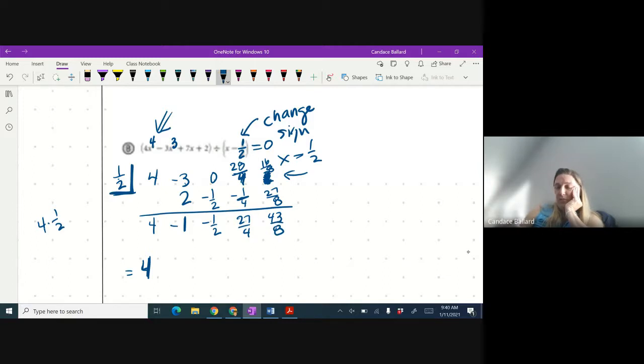Okay, so we should be going down by 1, right? 4x cubed. Okay, and then we're going to go minus x squared, right? 1x squared would be fine. Minus 1/2 x. Let's just leave it as an improper fraction. 27 fourths. Plus, and this is going to look weird, 43/8, and I'm okay with you leaving it like this because this is an ugly problem. Divided by x minus 1/2. Hopefully, I don't think the homework should be quite that ugly because I pulled this out of the book and the homework is still a mess.